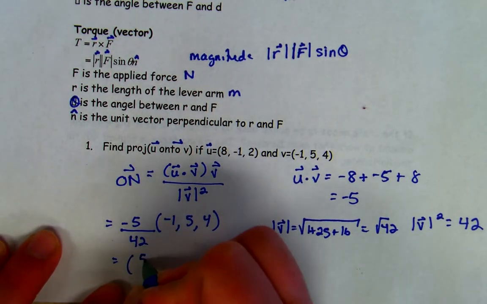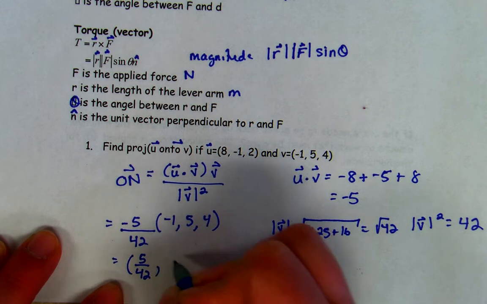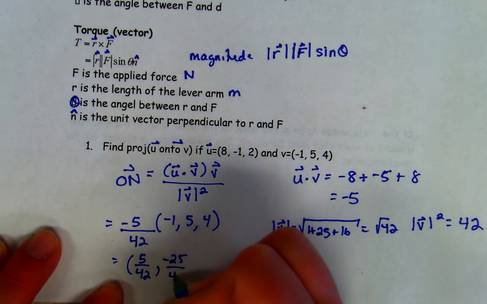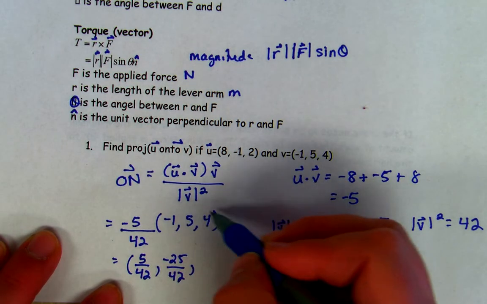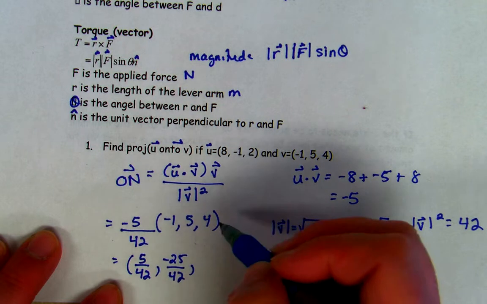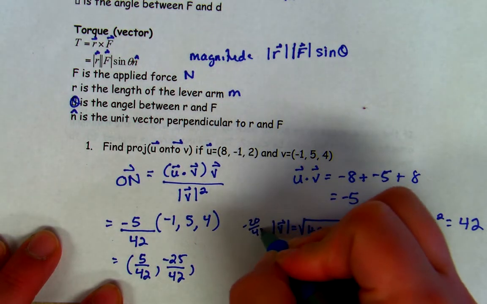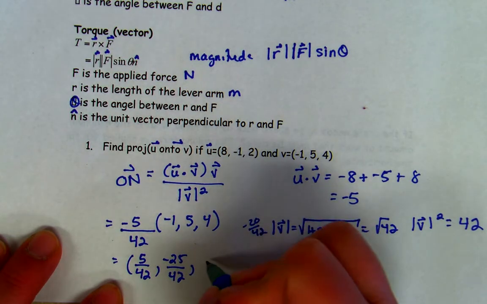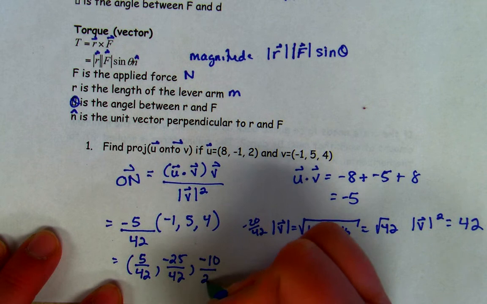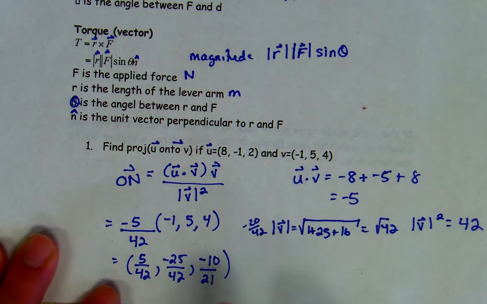So I'm going to end up with positive 5 over 42, negative 25 over 42, and then I'm going to get negative 20 over 42, but I don't want to do a whole other step, so I'm going to reduce that to negative 10 over 21. So this would be the vector that would have u projected onto v. So basically the shadow of u on v would land at that point.